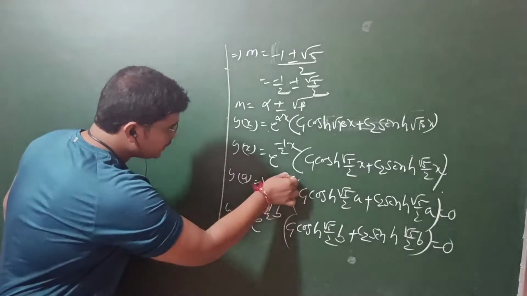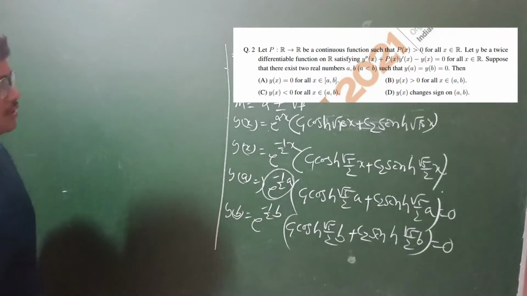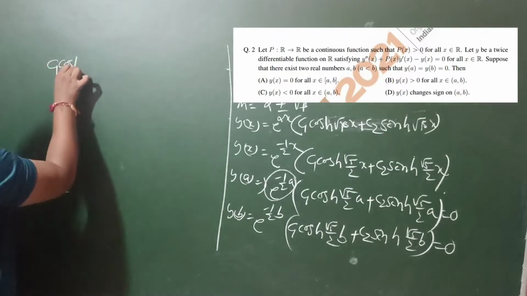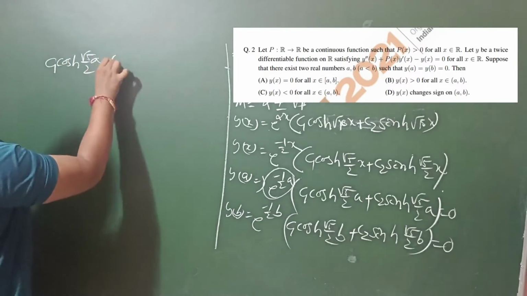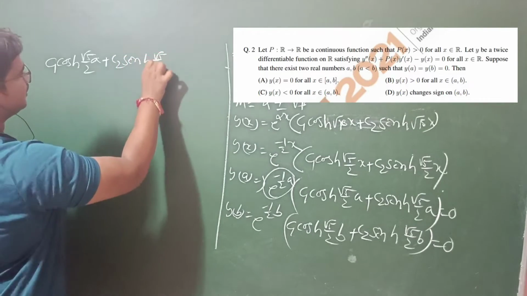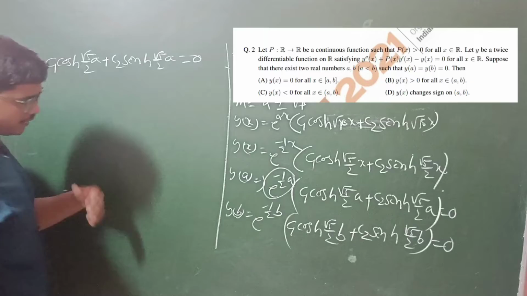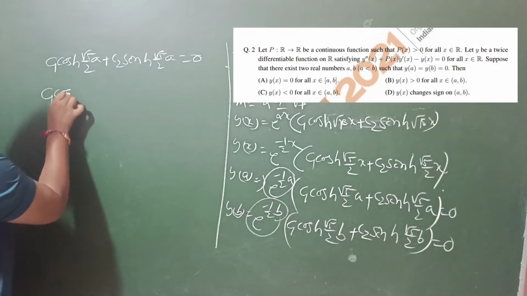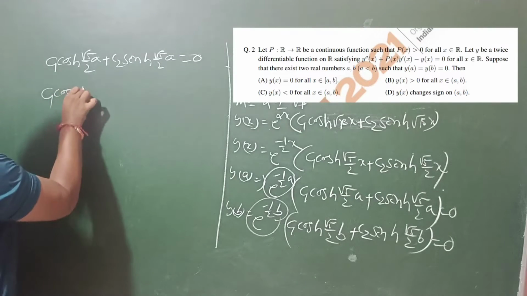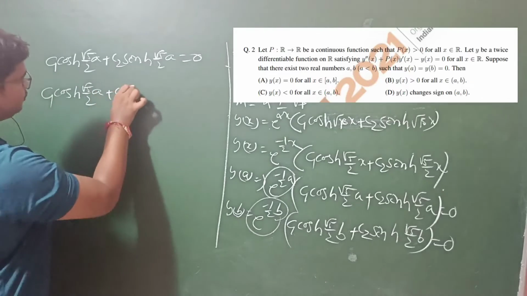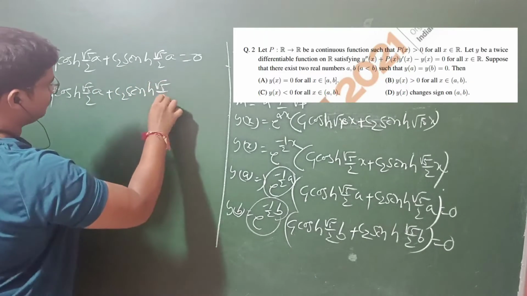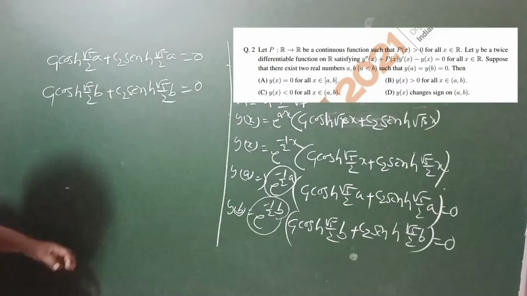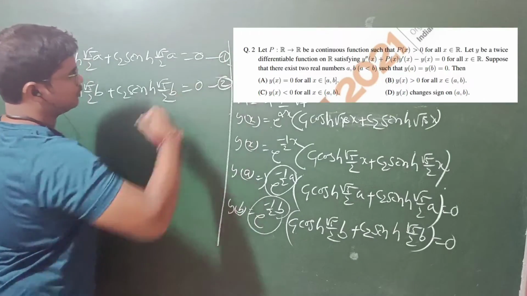Now the exponential function can't be 0 for any value, that means c1 cosh(root 5/2 a) + c2 sinh(root 5/2 a) = 0, and similarly c1 cosh(root 5/2 b) + c2 sinh(root 5/2 b) = 0. Let this be equation 1 and this be equation 2.